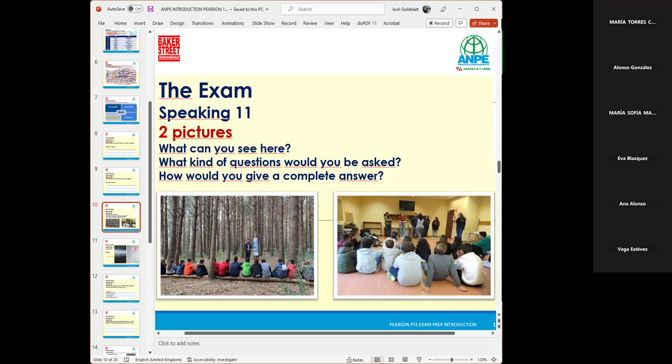First of all, in the first picture, we can see that the teacher, I think, is explaining the parts of the tree. And for instance, all the students can see at the same time what the teacher is explaining, and also they can see the parts of the tree in person, through their eyes.